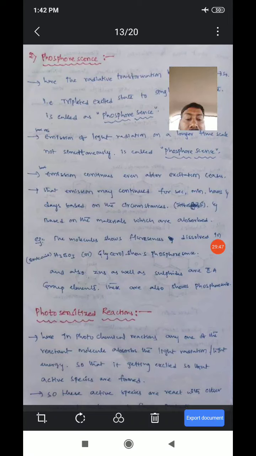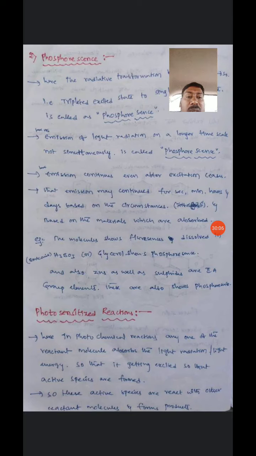Next we are discussing photosensitized reactions. Generally in photochemical reactions, any one of the reactant molecules absorbs the light radiation or light energy, so that it gets to the excited state and forms active species.